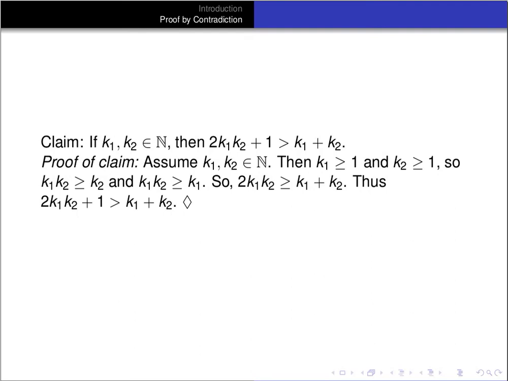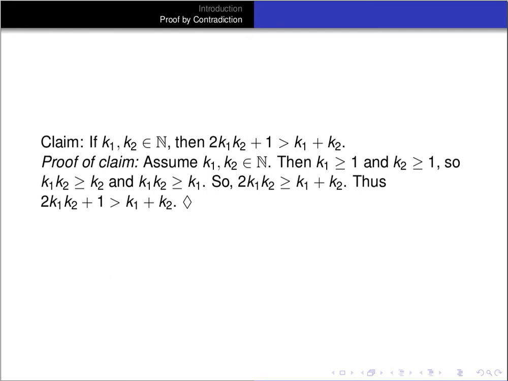And the proof is just like we did in the previous video. k1 and k2 are natural numbers, so they're both greater than or equal to 1. If we take k1 greater than or equal to 1 and multiply that inequality by k2, we get k1k2 is greater than or equal to k2. We take the inequality k2 greater than or equal to 1 and multiply by k1, and we get that k1k2 is greater than or equal to k1. Now if we add those two inequalities together, we get 2k1k2 is greater than or equal to k1 plus k2.